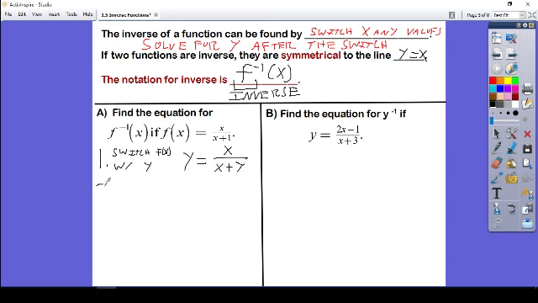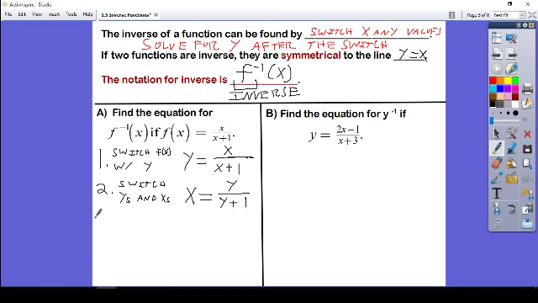Step 2 is to switch y's and x's. So we'll have x is equal to y over y plus 1.